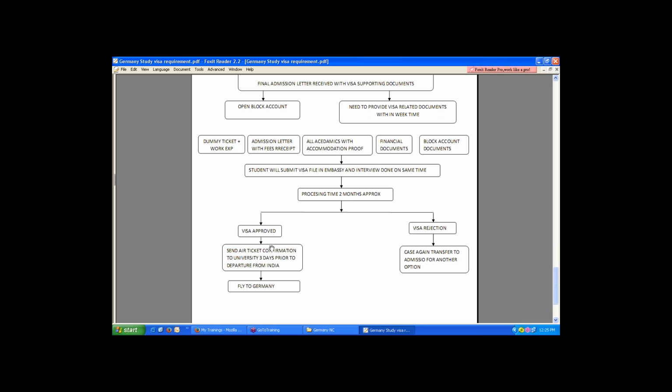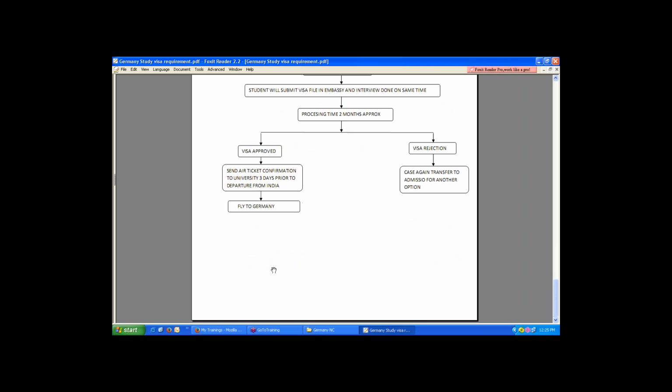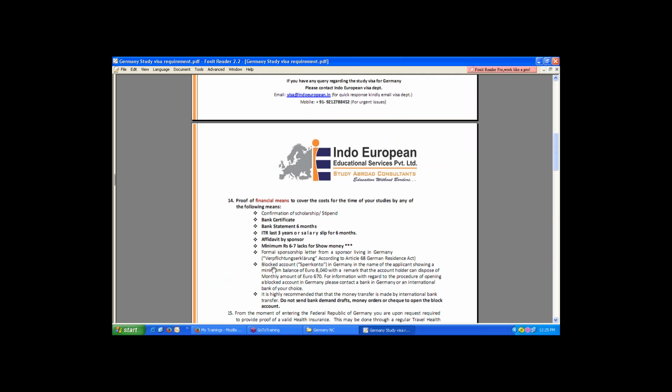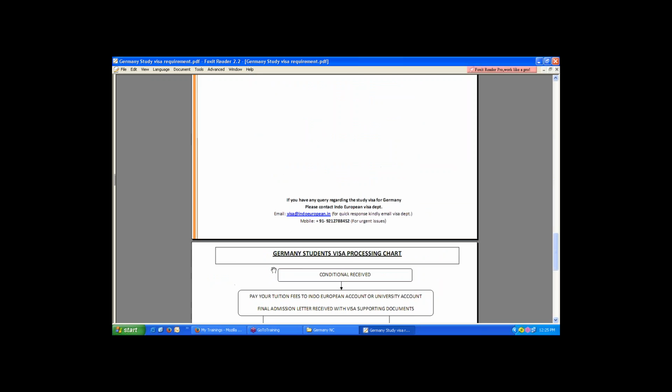So these are the details which I have given you for Germany. I elaborated all the documentation part and the process as well.